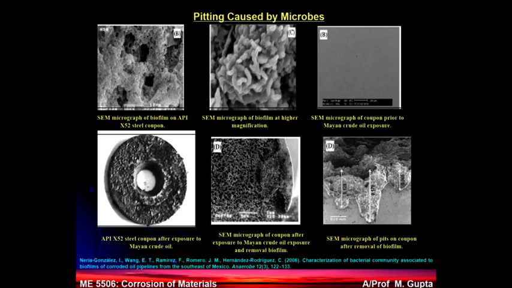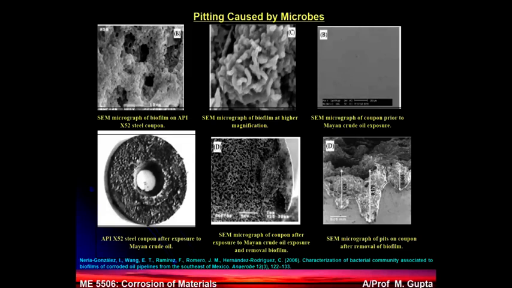Now, picture on the top row on your which side? Left side. All right. So, if you look at this picture, this is a surface with the bacteria, a bit high mag picture showing all this SRB bacteria, and compare this with this surface which is very clean. So you don't have any bacteria here.